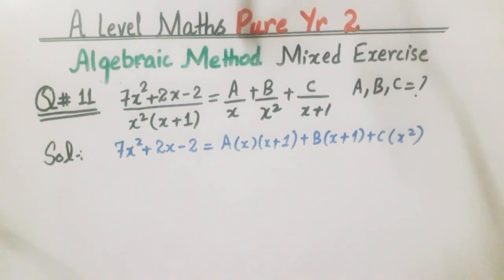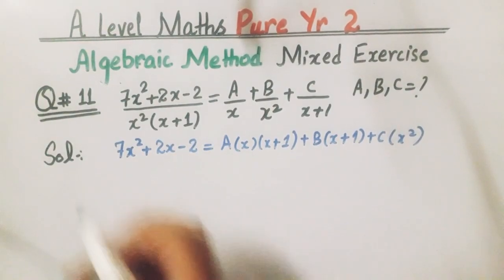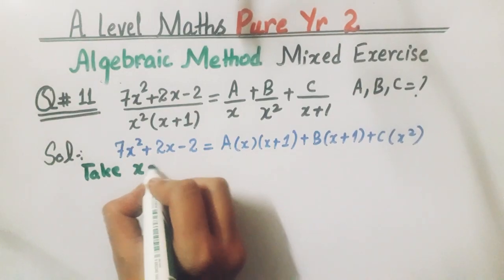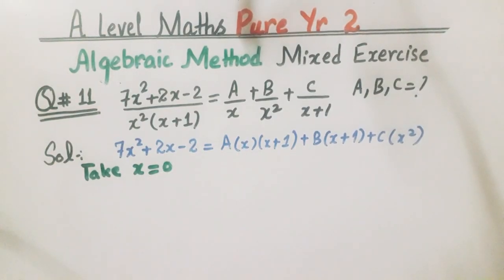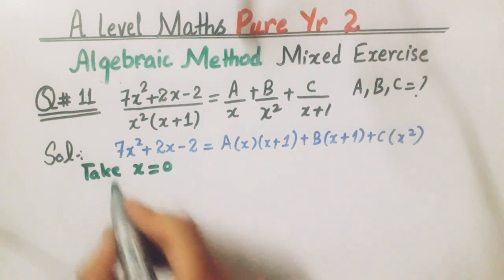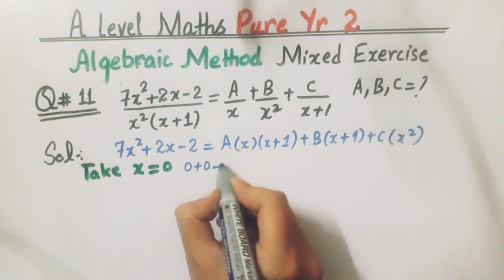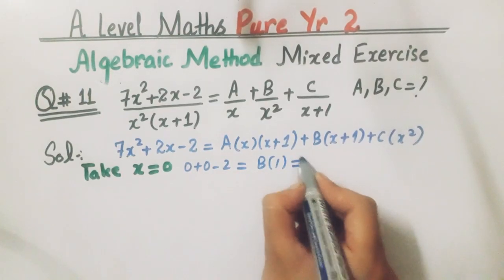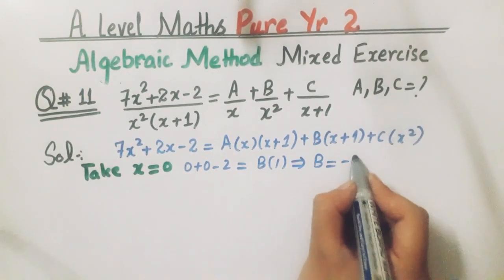Now the first step is to take x equals 0. So we will get 0 plus 0 minus 2 equals b into 1, which implies that the b value is minus 2.